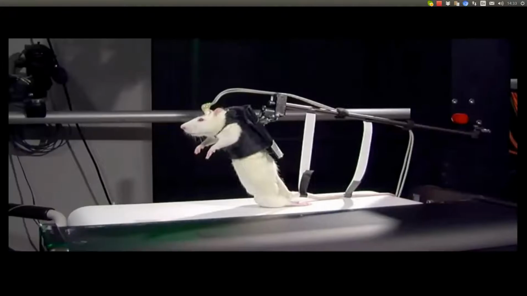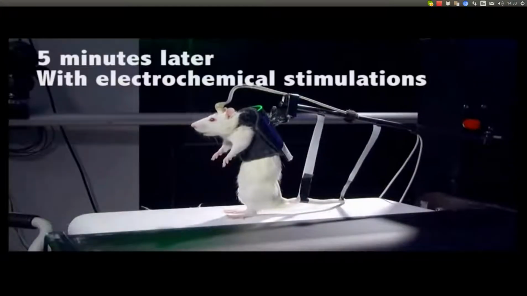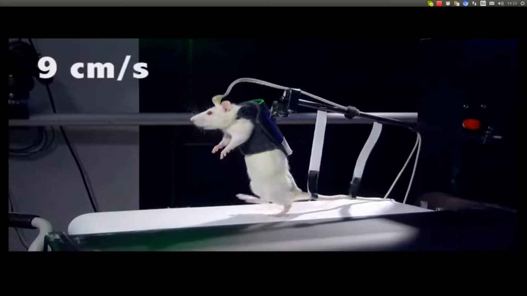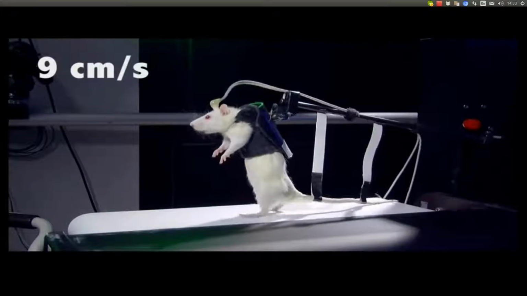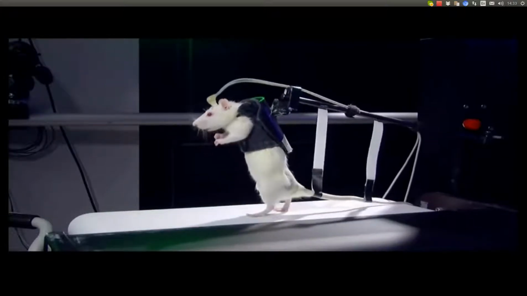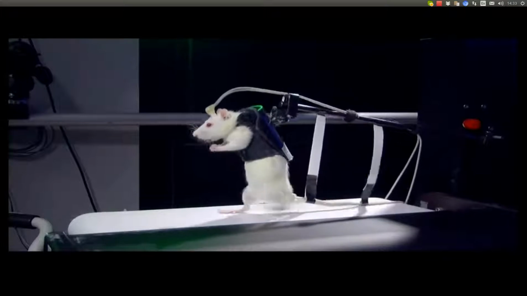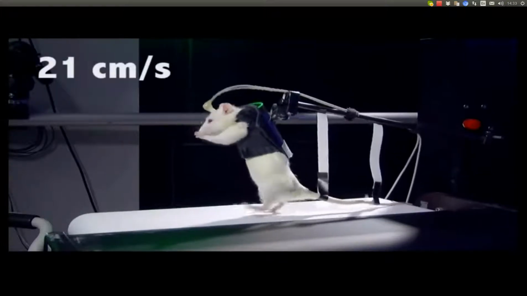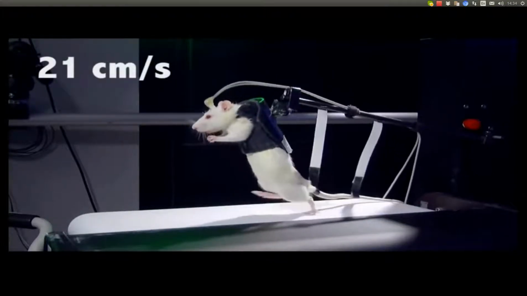In their work at ETH Zurich, Grégoire Courtine has performed experiments on decerebrated rats, meaning they've had spinal injury or spinal lesion, which has caused their central nervous system not to trigger the actions.